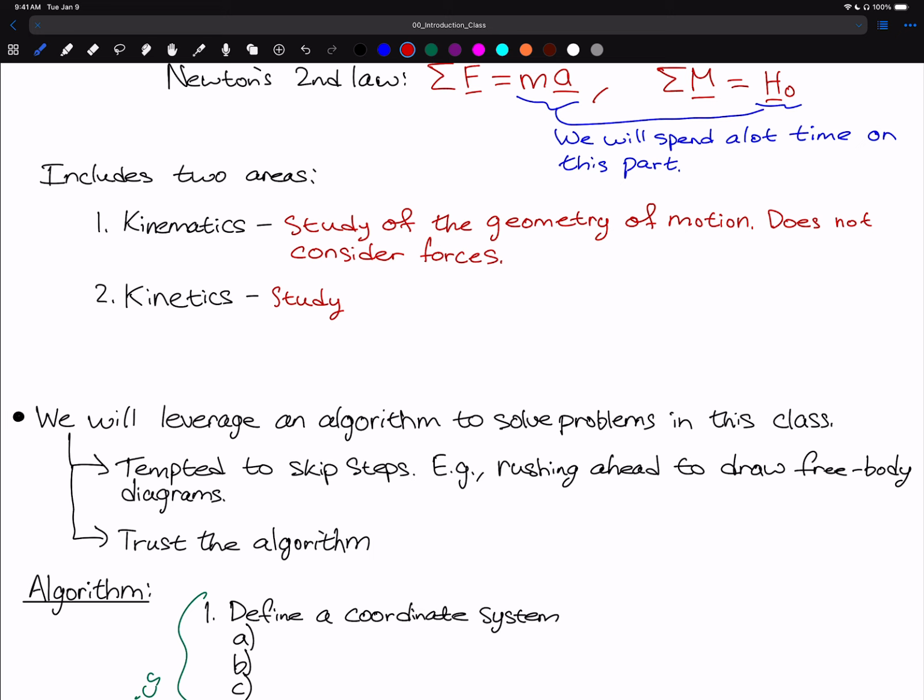of the relation between the forces, the mass, and the motion of a body.